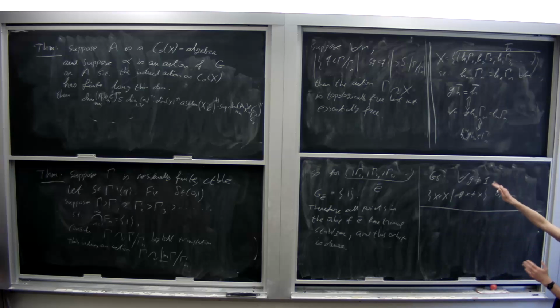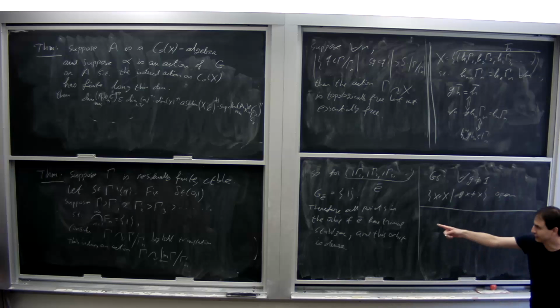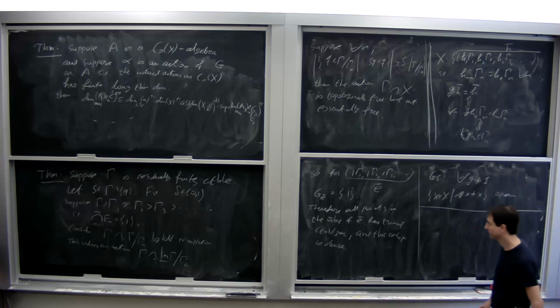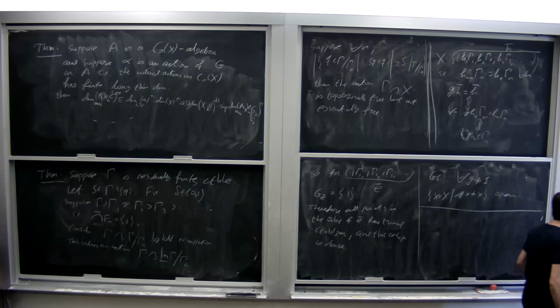So how do we do this? Because the integers are essentially finite, and you cannot do this. So we can construct such actions for wreath products. What's a wreath product?